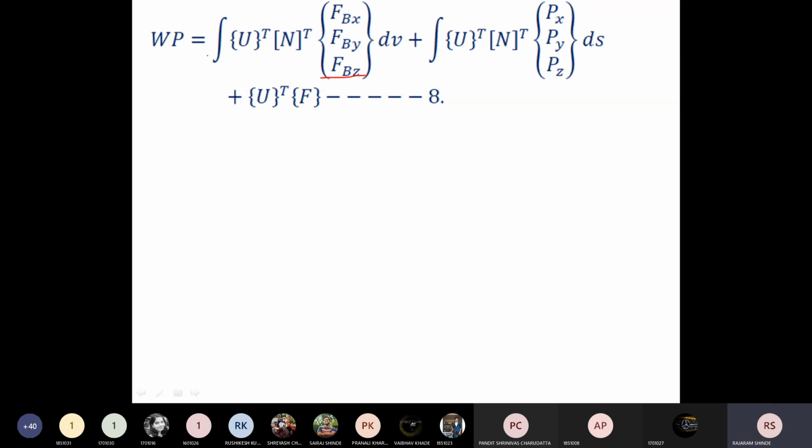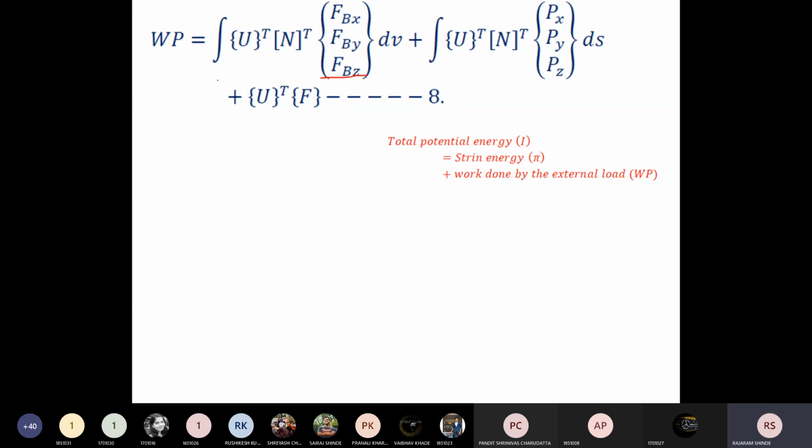Now after that I will write the potential energy equation. The potential energy equation is the addition of strain energy and work potential. Here I have written total potential energy is strain energy plus work done by external forces.